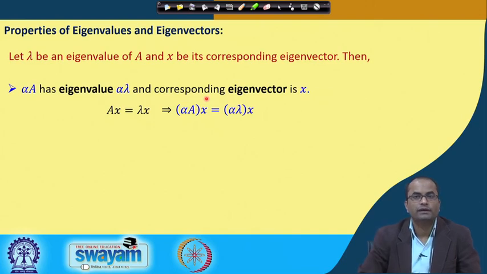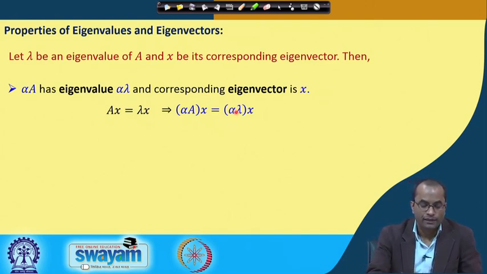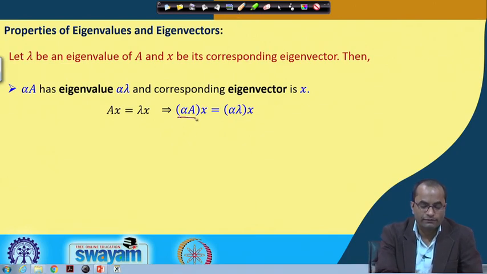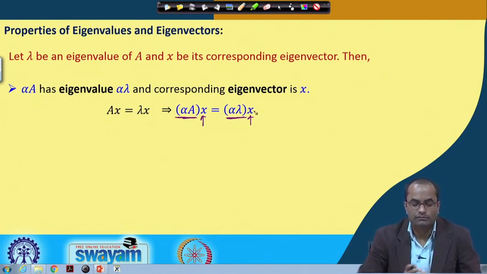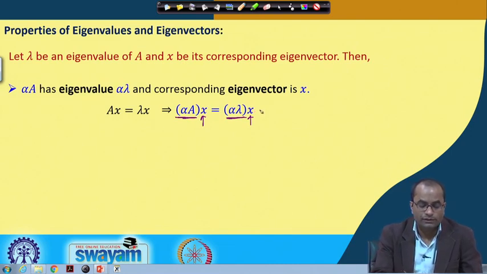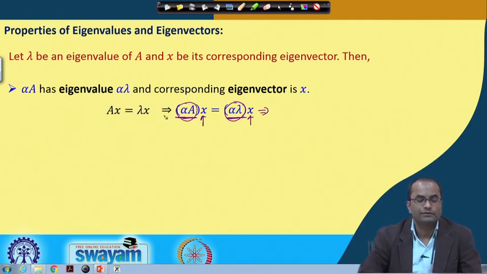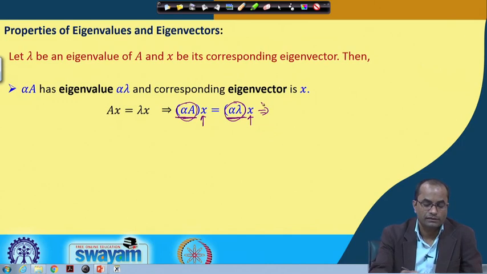So, alpha will be multiplied to each of the entries of A, and on the right we have alpha times lambda x. With this relation, the matrix times x is some scalar times x, so we conclude that alpha lambda is the eigenvalue of the matrix alpha A with the eigenvector same as before, that is x.